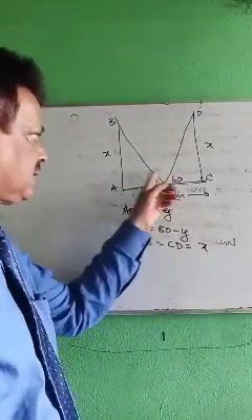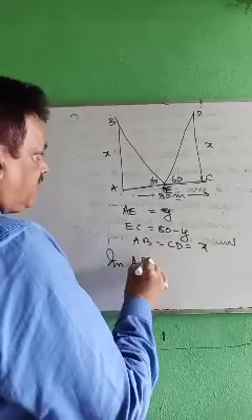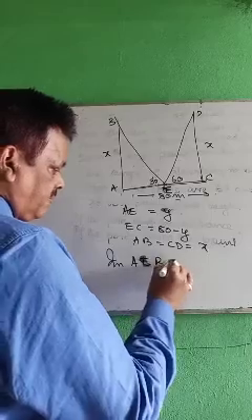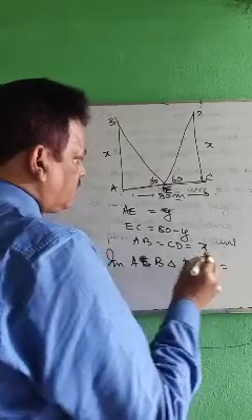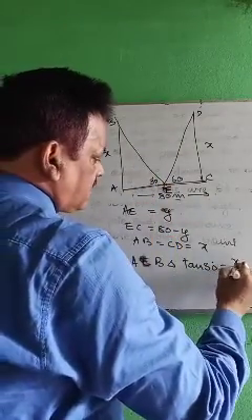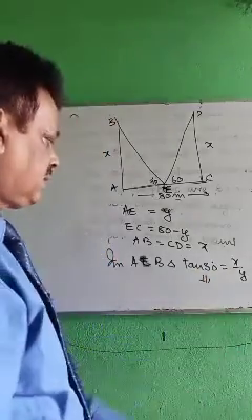Now two triangles here. So in AEB triangle, tan 30 equals to perpendicular by base, that is X by Y. You have to solve it. I am not solving. You have to solve this.